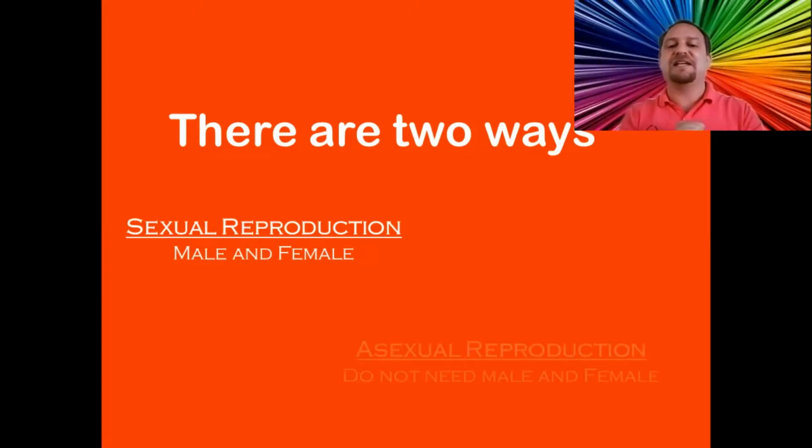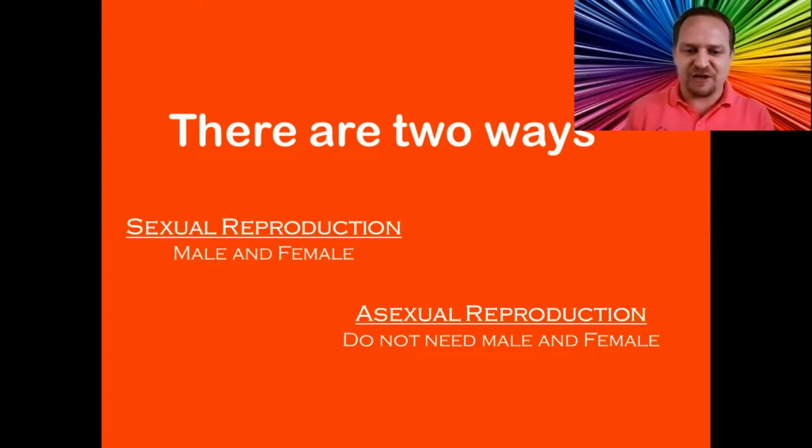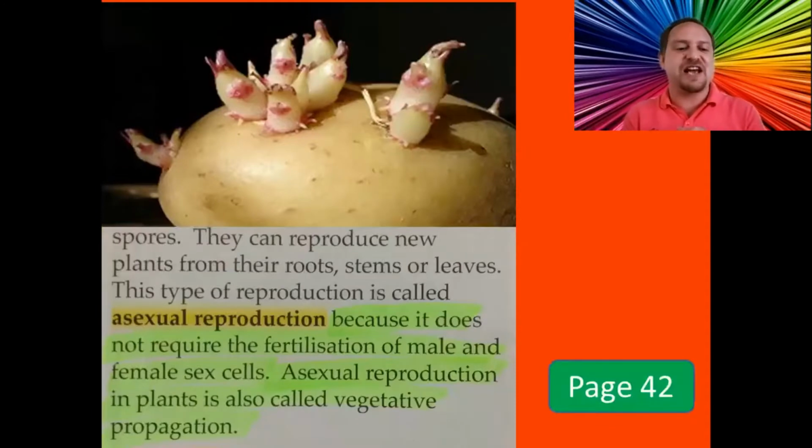The other type is asexual reproduction, when plants do not need male or female sex cells. We'll explore that part first. If you get your textbook and highlighter out, let's go to page 42. It reads as follows. This type of reproduction is called asexual reproduction because it does not require the fertilization of male and female sex cells.